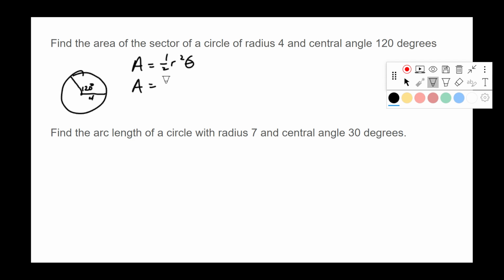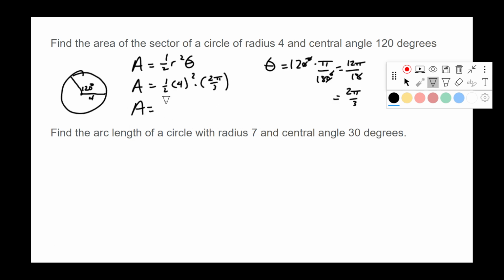So the area is going to be 1/2 times 4 squared times theta. But theta is 120 degrees right now. We can't write that. We need to put it into radians. So we've got to multiply by pi over 180. Zeros drop out. 12 pi over 18. 6 goes into both. It's 2 pi over 3.